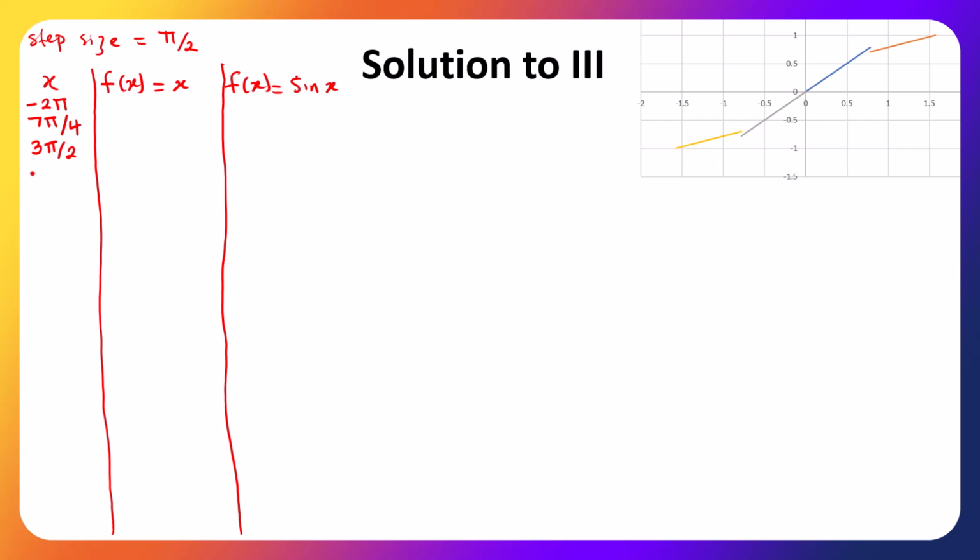5 pi over 4, then I have pi, then I have 3 pi over 4, then I have minus pi over 2, excuse me, this should be minus actually.